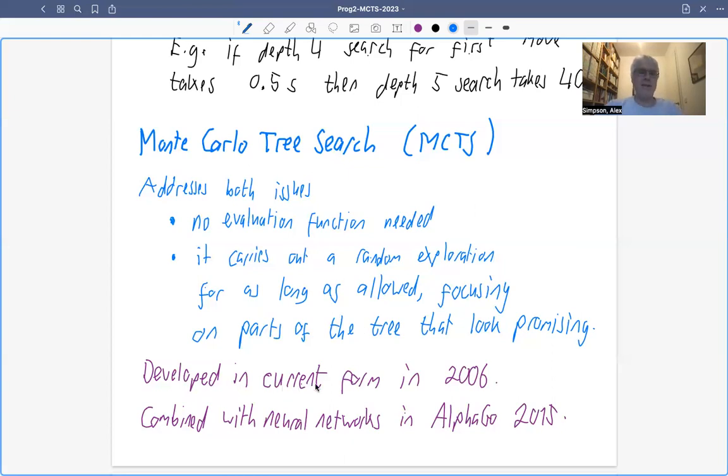As I said, this was developed relatively recently. The current form that's usually used, which is the basic form that I'm going to present now, I think was developed in 2006.